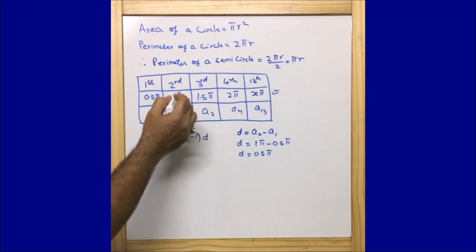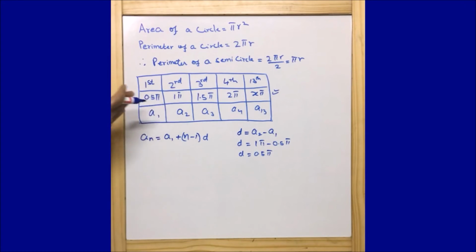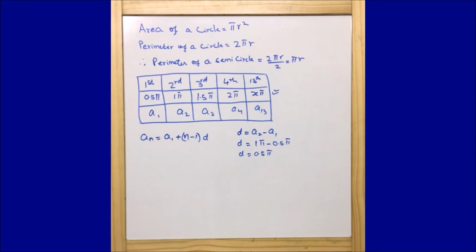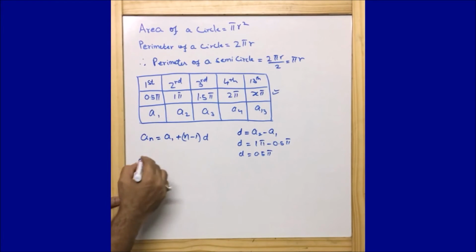Just to refresh, d is the difference between the consecutive numbers. I took a2 minus a1, you can consider a3 minus a2 or a4 minus a3. Okay, so till here we are fine. Now let us put the values we have.